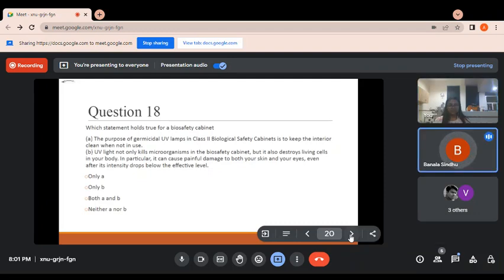Both A and B, ma'am. Can you explain? Ma'am, UV light will damage our skin when we are exposed, and it is used for cleaning purposes of our devices. Okay, so the right option is option C.